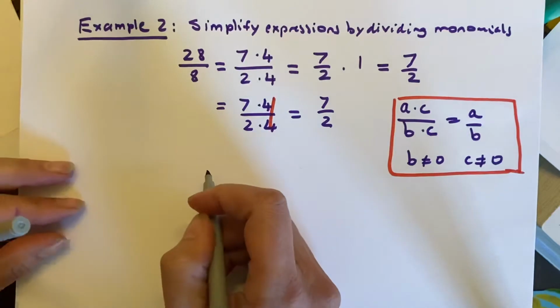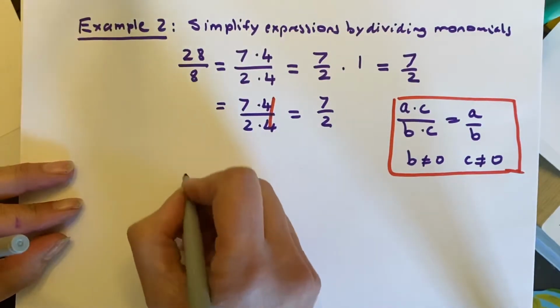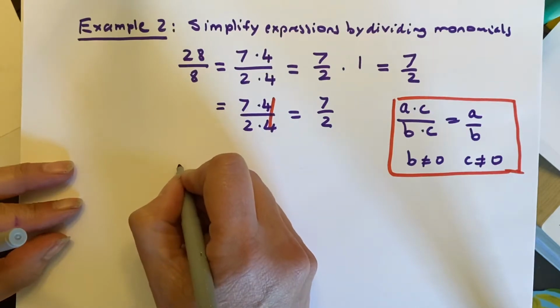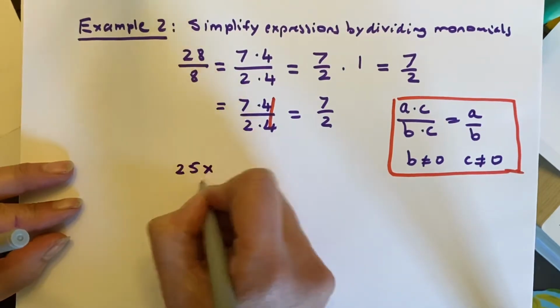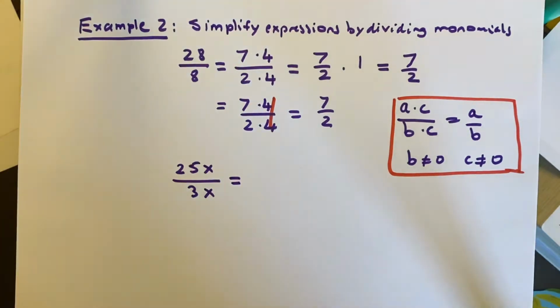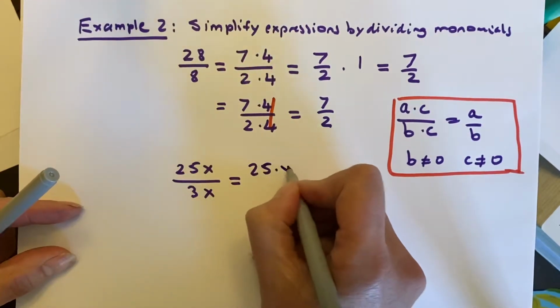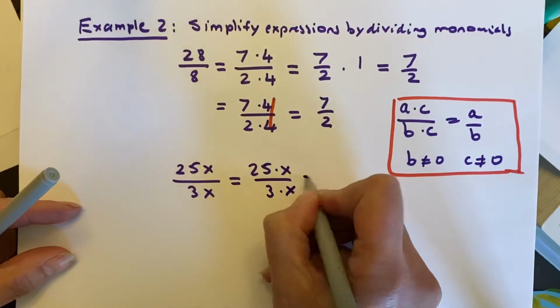So let's look at another of these examples. We'll get a little bit more complex as we go. And say you have 25x over 3x. Well, here you can see that x over x, right? You can see the same thing that we did here, 25 times x over 3 times x.